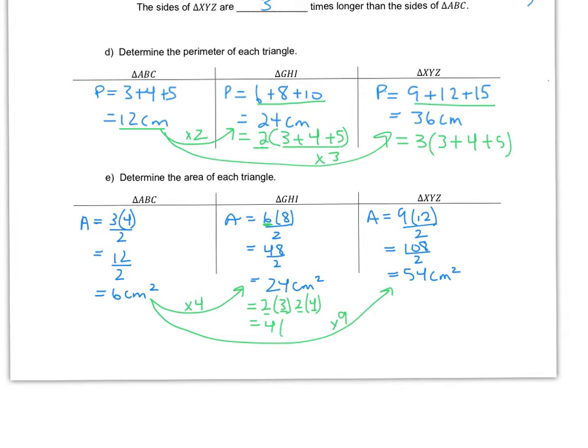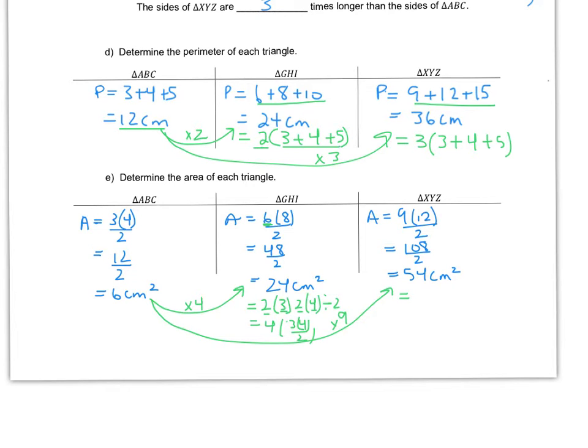We're really doing 4 times, whoops, I forgot to divide by 2 here. The original had a divide by 2. That's really 4 times the 3 times 4 divided by 2. So the scale factor is squared because we've got 2 of those happening.